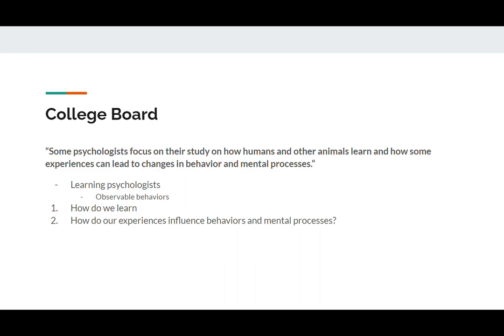Many psychologists who study learning focus on observable behaviors, which is behaviorism, and how those behaviors can be changed or reinforced. Other learning psychologists study how the individual's observations of other people's behaviors influence changes in the individual's mental processes and resulting behavior.